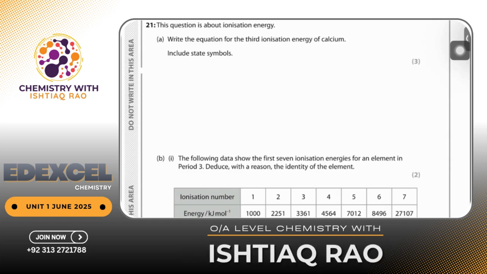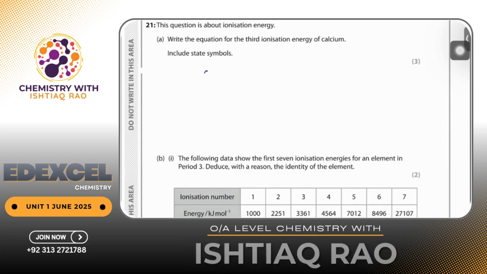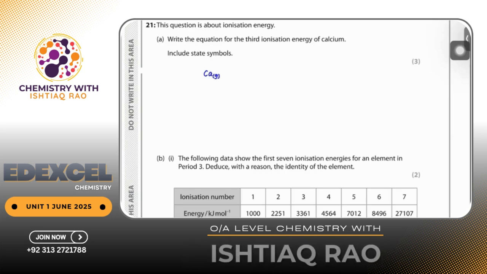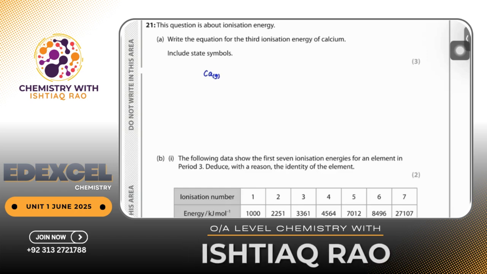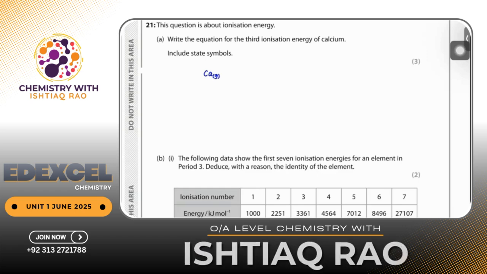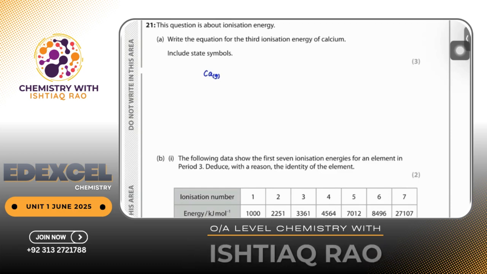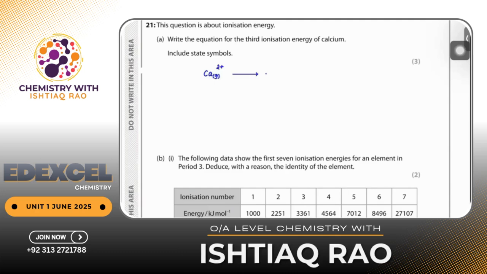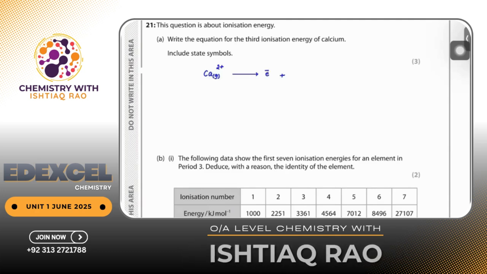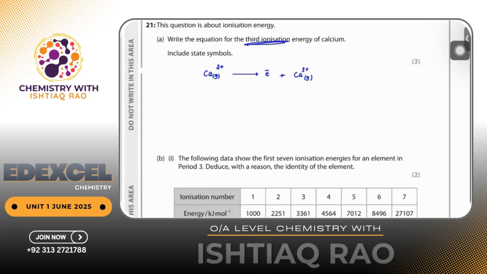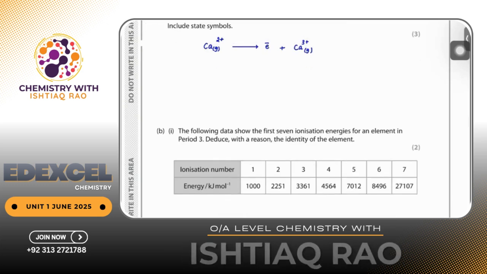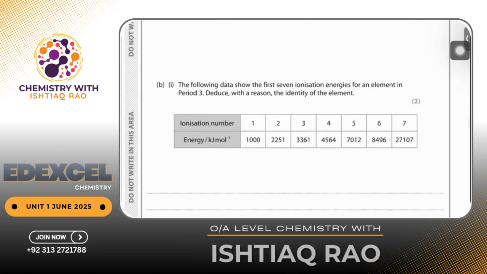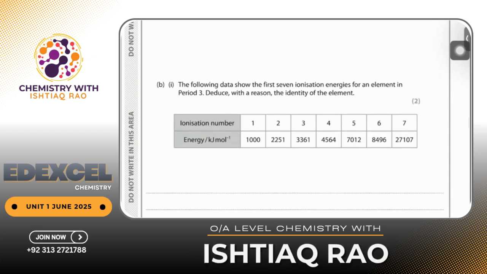So calcium in gas form, when it loses electrons, would give you calcium 3 plus gas, because they are asking about the third ionization energy. Third means it has already lost two electrons, so now it is going to lose the third electron.